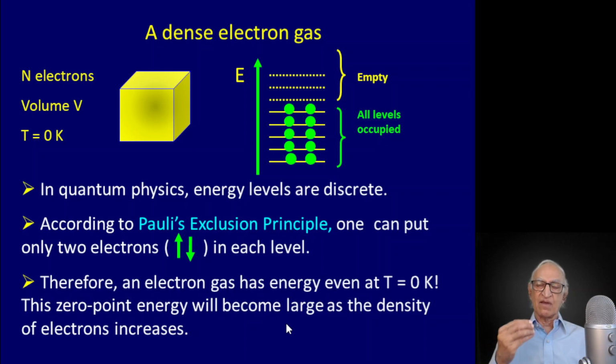It comes from Heisenberg's uncertainty principle and from Pauli's principle, which says you can't put all the particles in the ground state. You can only put two particles over there. It is Pauli's exclusion principle that forces you to put particles in higher and higher energy levels, thereby increasing the total energy of the electron gas.